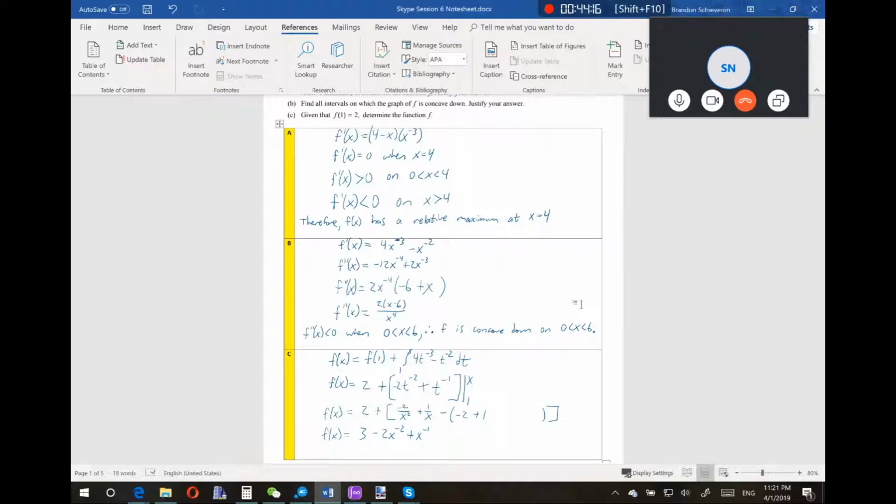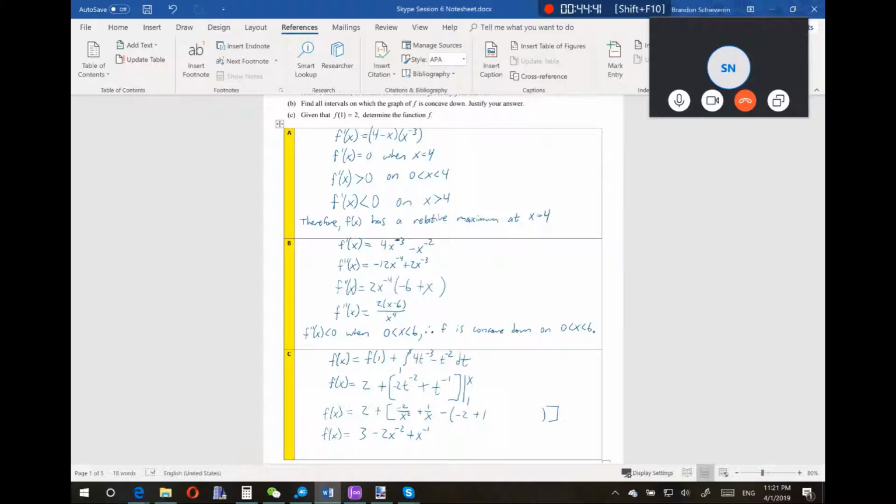But because we had that start point, our original function will be our start point plus the change. So that's my y value plus the change in y. My original y value is f of 1, so that's where we got this 2 from. And then my change in y is my integral, as x changes from 1 to x, of f prime.